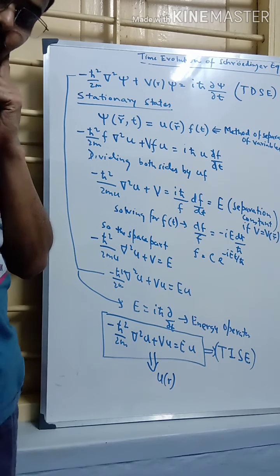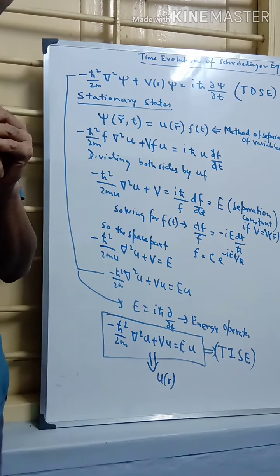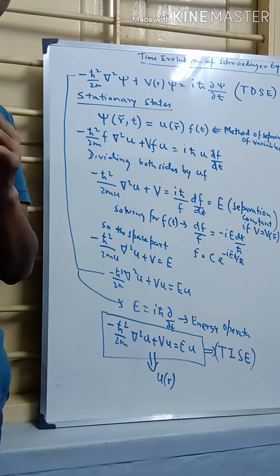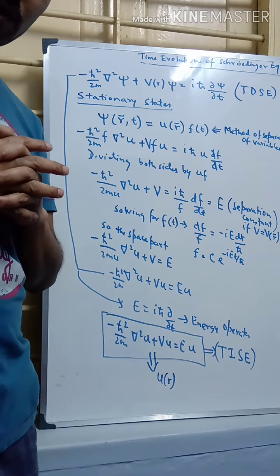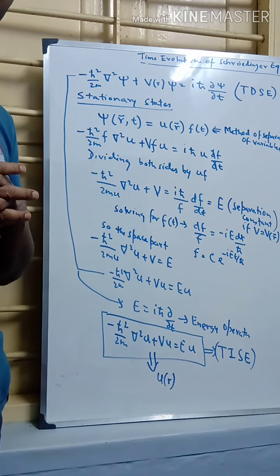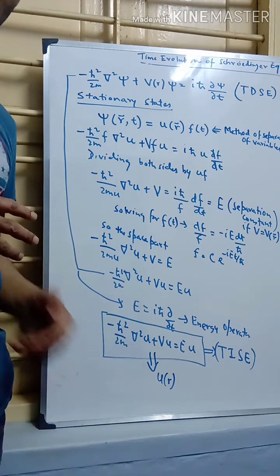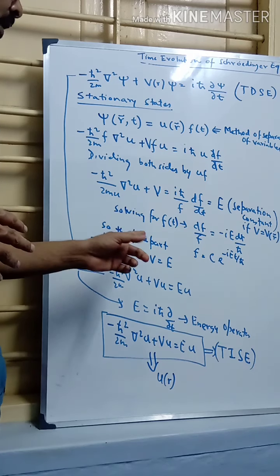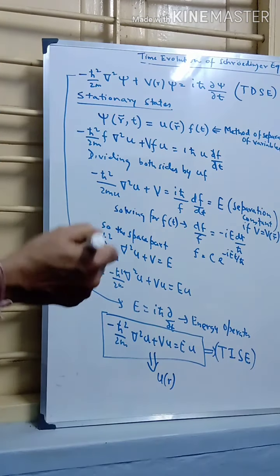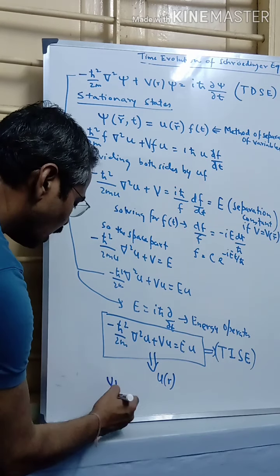For example, consider the potential in which an electron moves around a proton in a hydrogen atom: the potential is given by minus e square by 4 pi epsilon naught r, and there is no time part. Then we can always solve this and multiply it with the time function, and we get the total wave function psi(r,t).